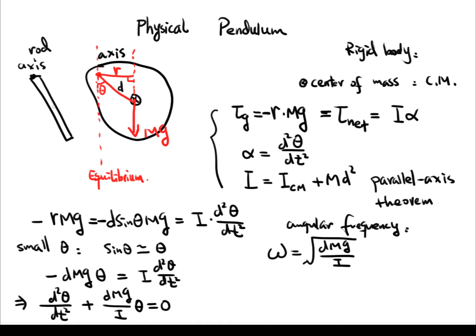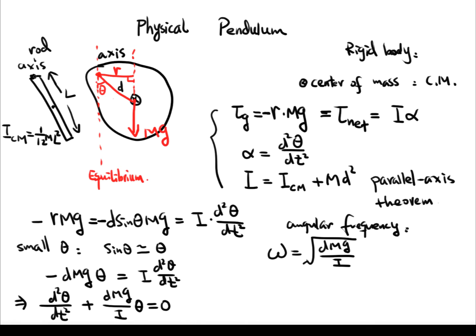The center of mass is in the middle of this rod, and suppose the total length of the rod is capital L. The moment of inertia with respect to the center of mass is 1/12 m L squared, where m is the mass of the rod.